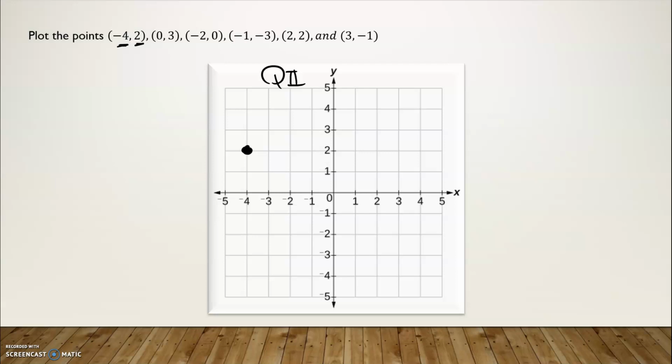So if we look at (0, 3), my x value is 0, which means I'm going to be somewhere on the y-axis. So x is 0, and then I'm going to go up 3. There's my point right there. Okay, (-2, 0). Now my y is 0, so I'll be on the x-axis. So I'm going to go over -2, and there's my point.